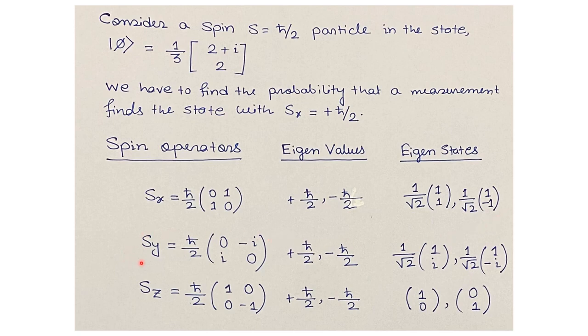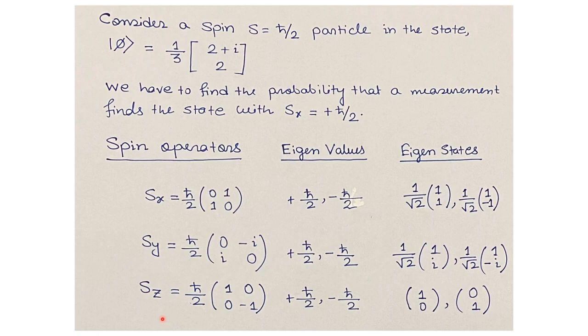Similarly, the Sy operator is represented as h cut by 2 times the matrix (0 minus i, i 0). The corresponding eigenvalues are plus h cut by 2 and minus h cut by 2. For the eigenvalue plus h cut by 2 we have the eigenstate 1 by root 2 (1, i), and the eigenstate corresponding to the eigenvalue minus h cut by 2 is 1 by root 2 (1, minus i).